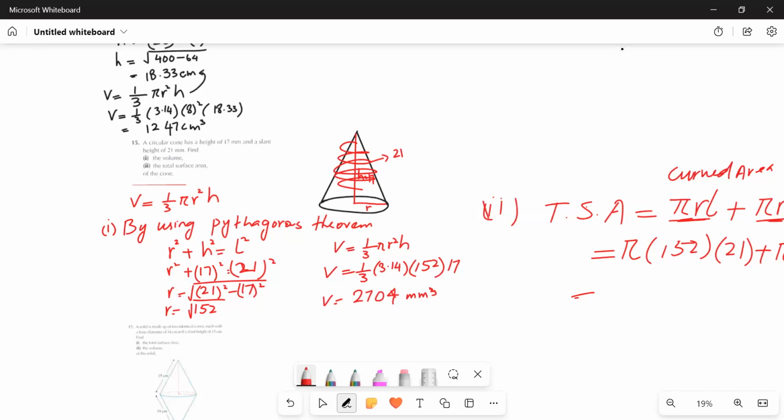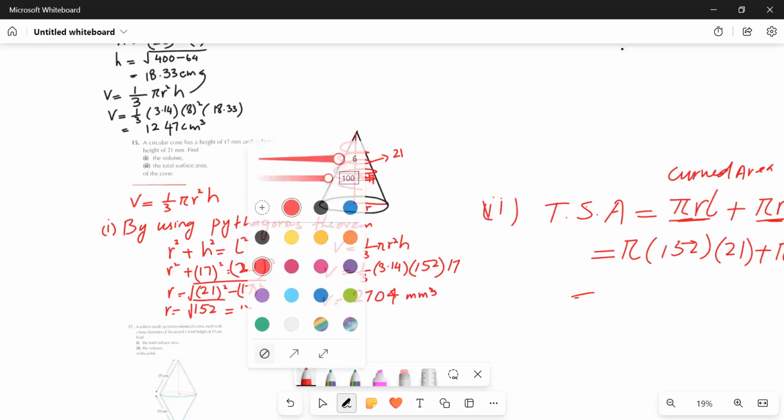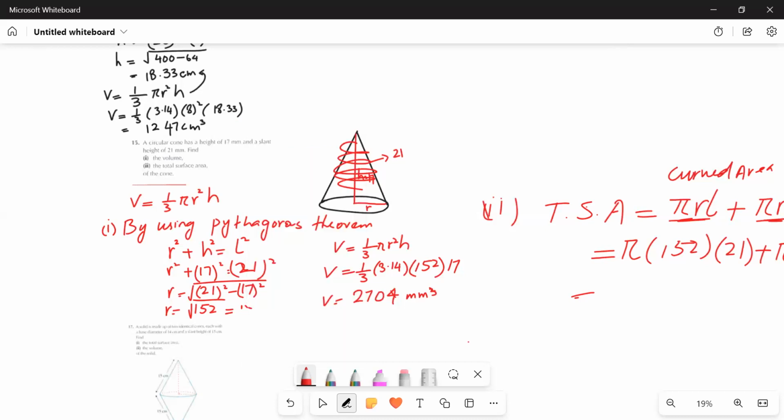So radius r is 12 point something, 12.32. Got it?